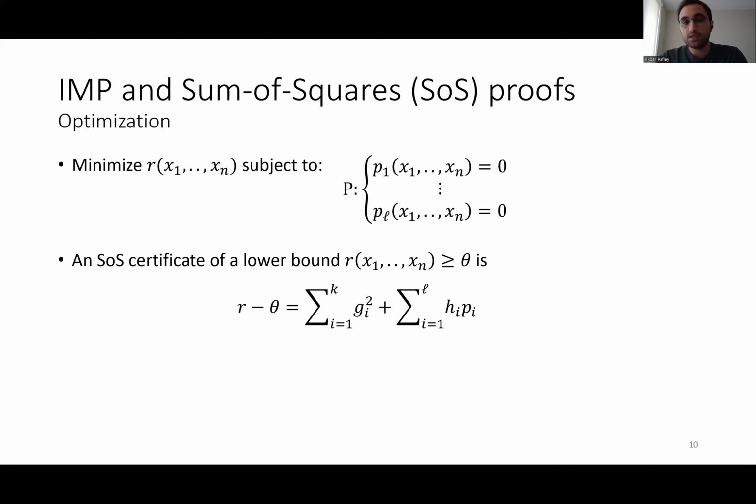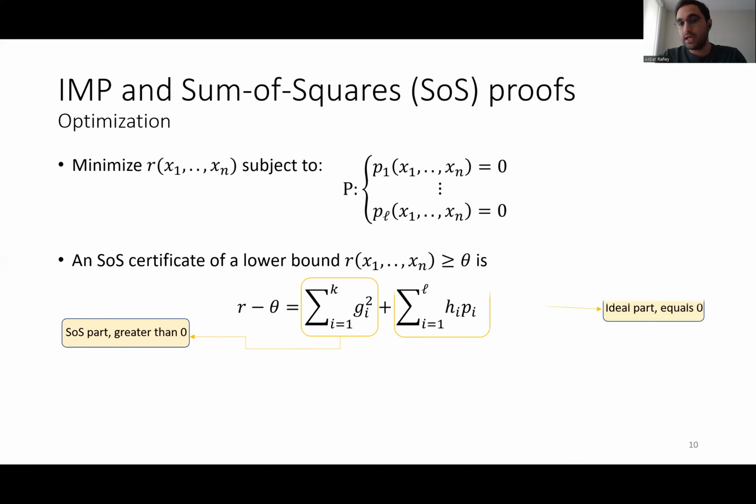If we can write down R minus theta as a sum of squares polynomial, which is always greater than or equal to 0 because they are square polynomials, plus this ideal part, which is basically 0 over the variety, or basically the set of points that we are interested in working on, then if we can find such a certificate, it tells us that R is at least theta subject to this polynomial system.